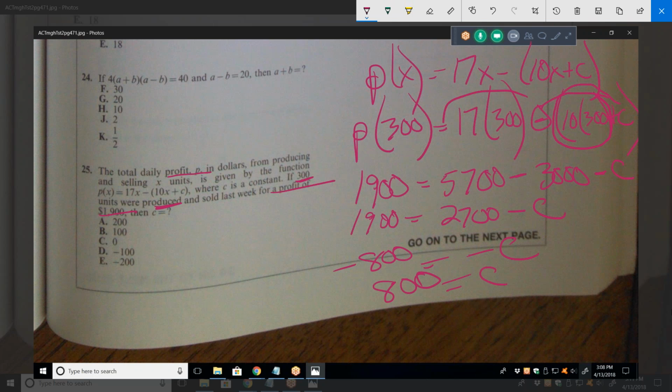This right there was a mistake. That is not 5700, that is 5100. So that's 2100. That's now 200. C is 200, positive 200.